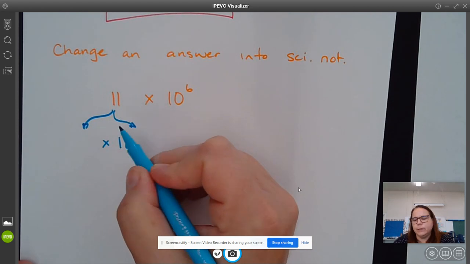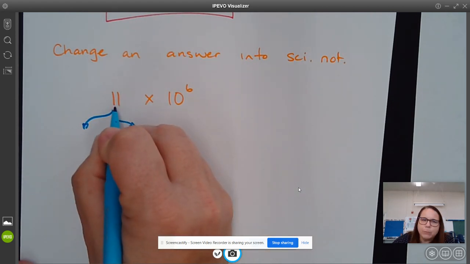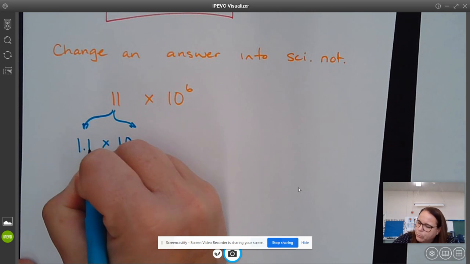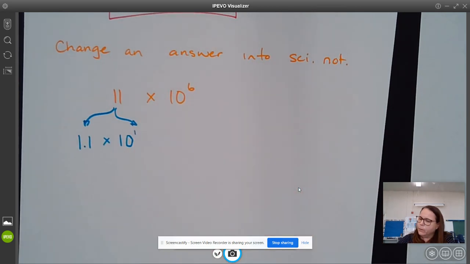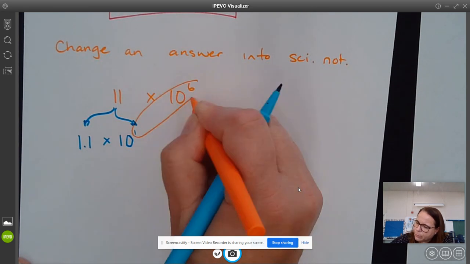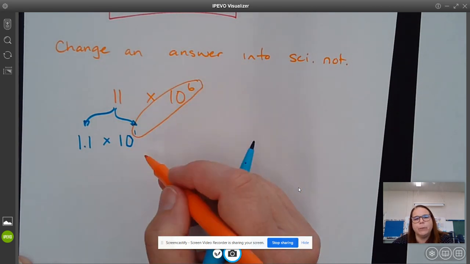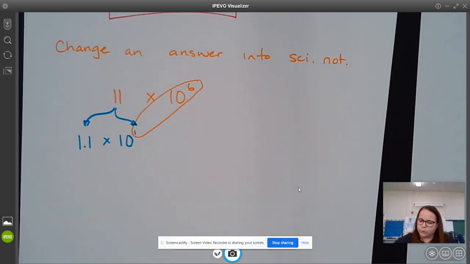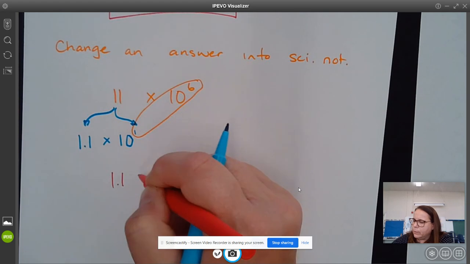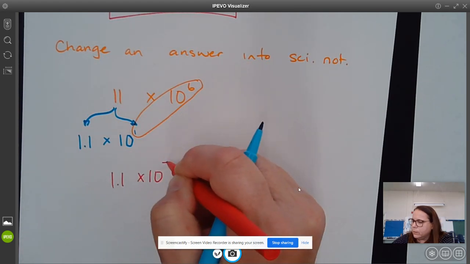Well, 11 is the same as, we just basically move the decimal one, it's 1.1 times 10. This is 10 to the 1st. We already have 10 to the 6th right here. So instead of rewriting it, I'm just going to leave it here. And so then what I can do is just rewrite this whole answer as 1.1 times 10 to the 7th.